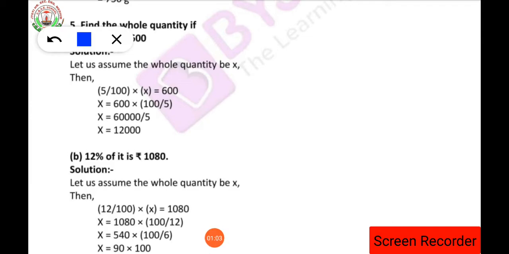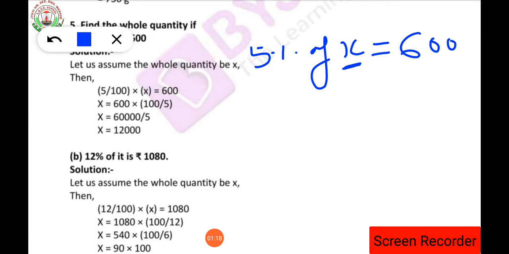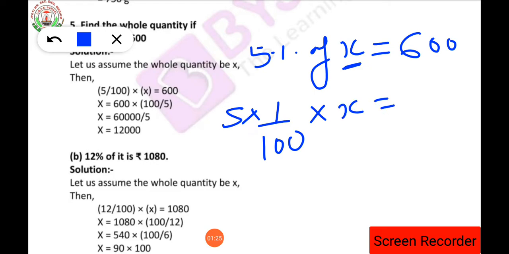Understood everyone? So what is said in the question? 5% of it is, that means we have to consider the unknown variable x, whose value we have to find, is, that means equals to 600, isn't it? So 5 into percent, that means 1 by 100, of that means into x, is equals to 600.